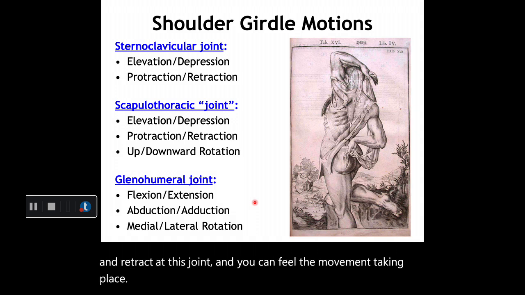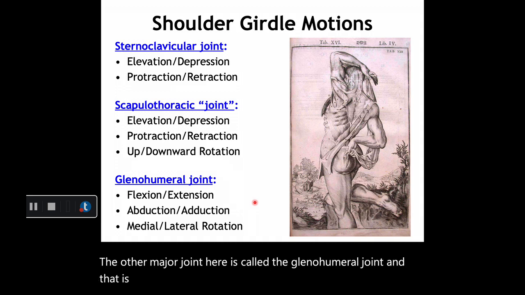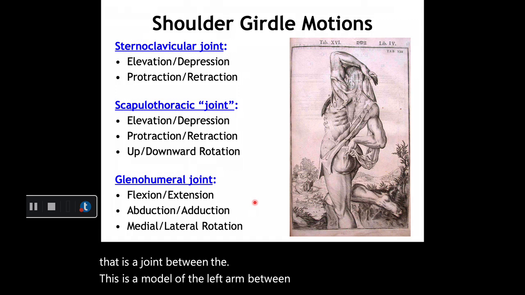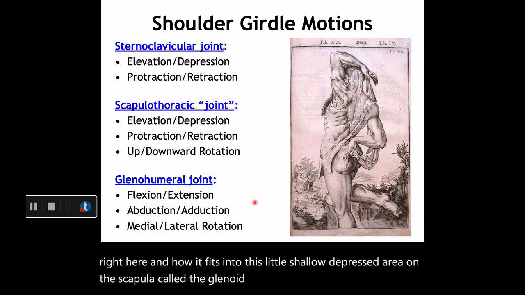The other major joint here is called the glenohumeral joint, and that is a joint between, this is a model of the left arm, the humerus, this bone right here, and how it fits into this little shallow depressed area on the scapula called the glenoid, or the glenoid cavity.